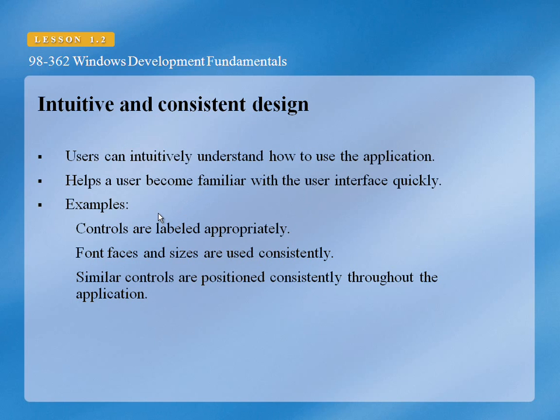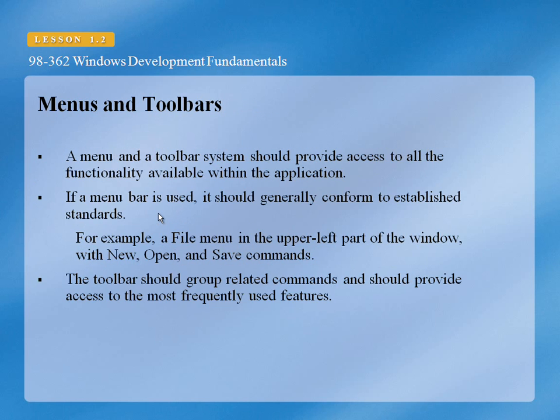Now we move to another topic, menus and toolbars. Menus and toolbars play the most important role in creating easy access to the commands in an application. If we use a menu bar in our application, it should be placed in a properly accessible place and be easy to access.